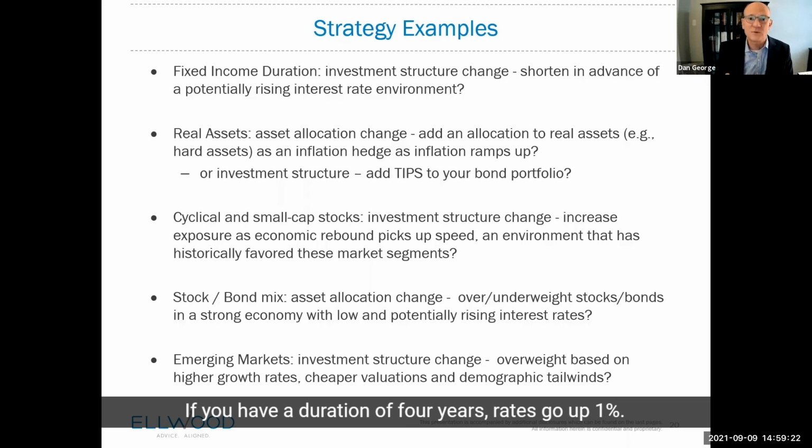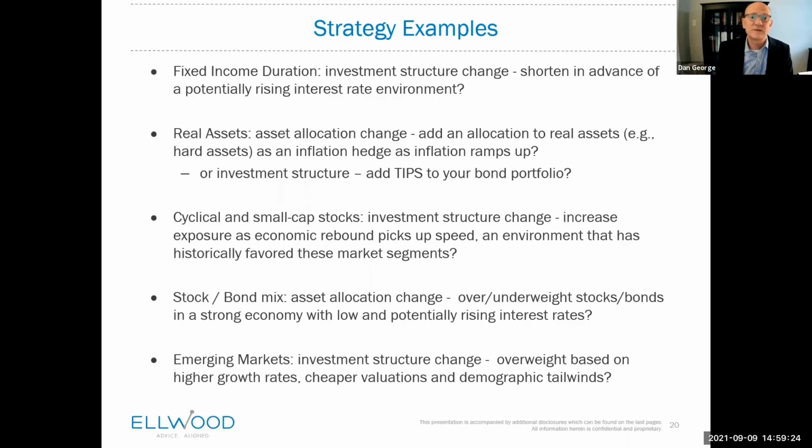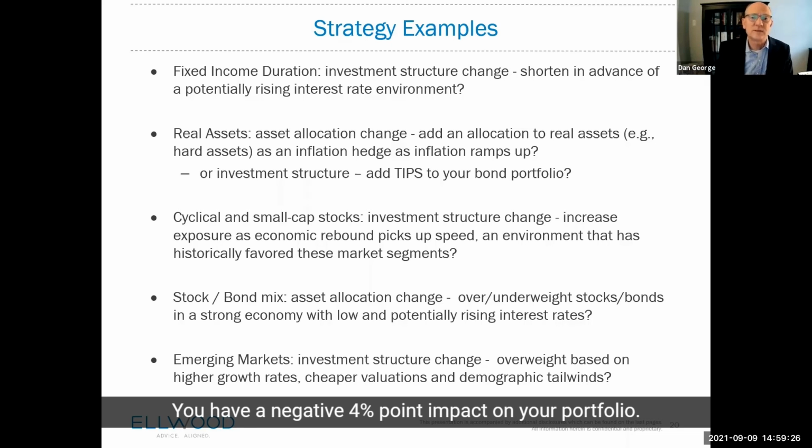If you have a duration of 4 years, rates go up 1%, you have a negative 4 percentage point impact on your portfolio. If you cut that duration in half by investing in shorter term bonds, you protect your portfolio and reduce the risk from the rising interest rate environment. This is a very difficult trade to get right because interest rates are very difficult to forecast, but a lot of investors are contemplating this.